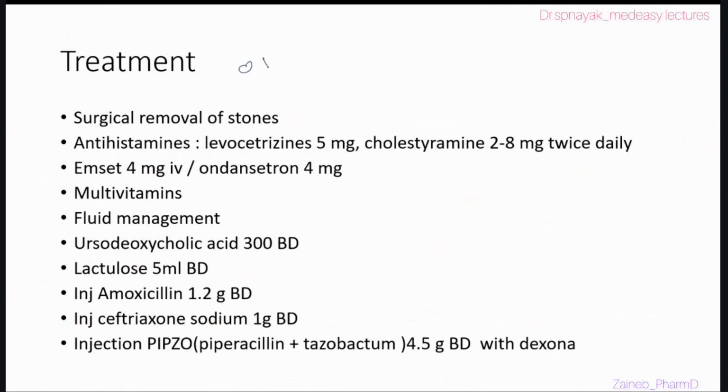So if there is any obstruction, then we can go for surgical removal of the stones. And as the patient sometimes complains of itching, we can go for an antihistamine, that is levocetirizine 5 mg. We can also go for cholestyramine for reducing the itching, that is 2 to 8 mg twice daily.